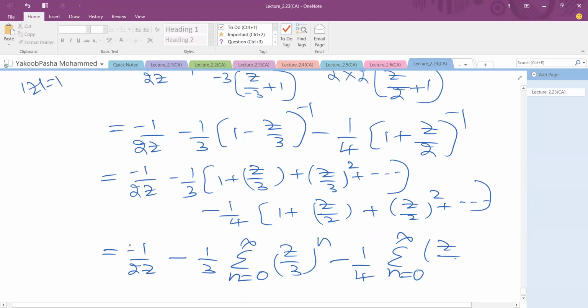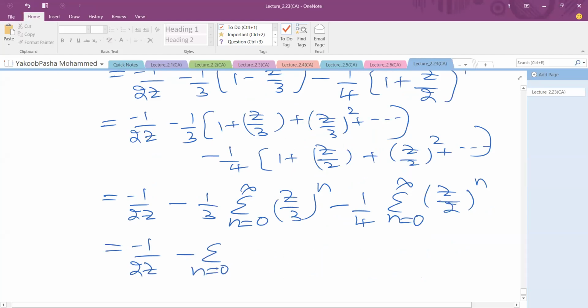This is equal to minus 1 by 2z minus summation n is equal to 0 to infinity z power n divided by 3 power n plus 1 minus summation n is equal to 0 to infinity z power n divided by 2 power n plus 2. Okay.